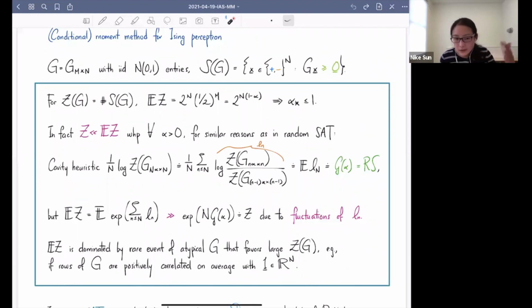On average the correlation should be 0, but if it's 1%, this will favor a large perceptron set, because all of the half spaces are pointing closer to the same direction.